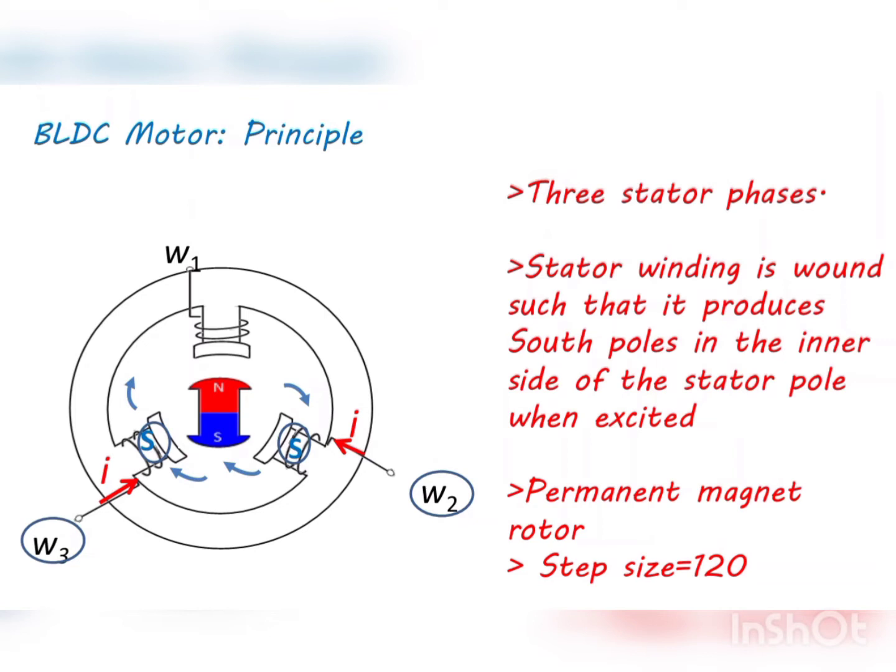As a result, the rotor rotates 120 degrees in the clockwise direction. After some time, excitation of W2 is removed and W3 is energized, and as a result a south pole is generated under the W3 winding and the rotor completes another 120 degree rotation.